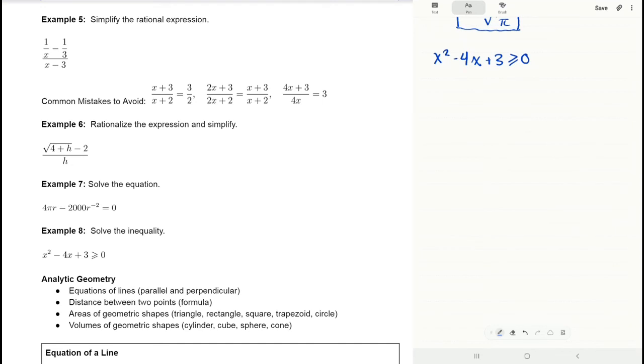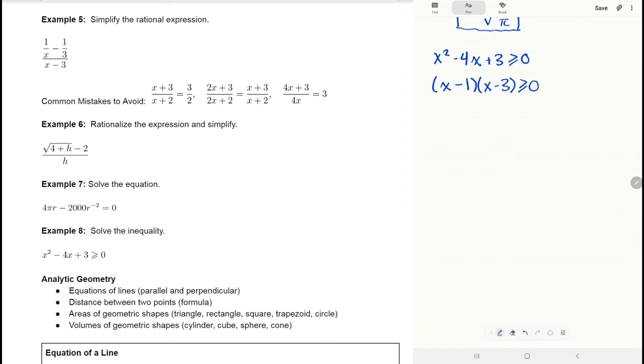So is x squared minus 4x plus 3 factorable? And the answer is yes. And it will factor to x minus 1 times x minus 3. Okay, so numbers that multiply to positive 3 and add to negative 4 are negative 1 and negative 3.